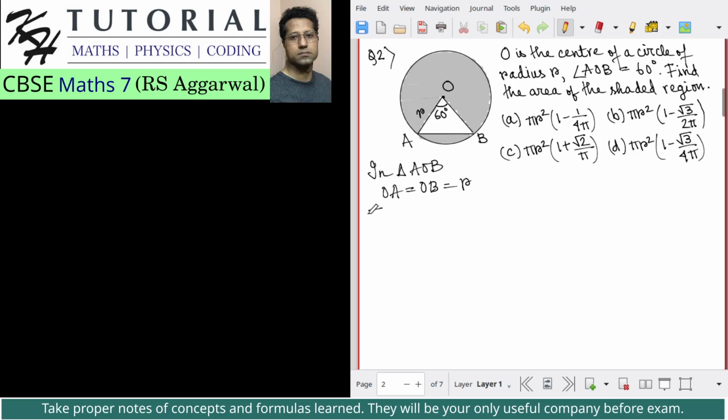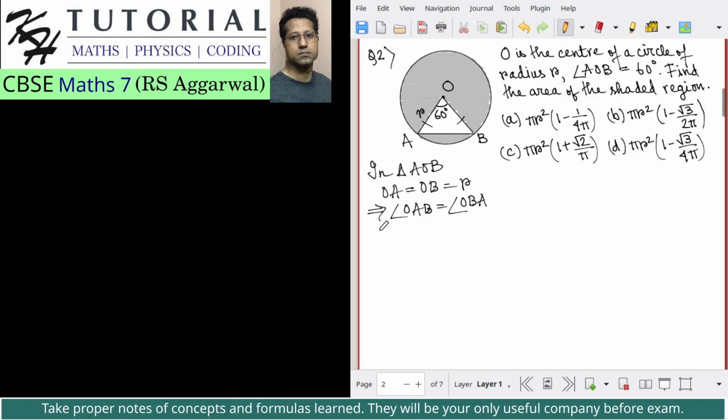So this is an isosceles triangle. From the fact that OA is equal to OB, we can say that the opposite angles should also be equal. So angle OAB should be equal to angle OBA.